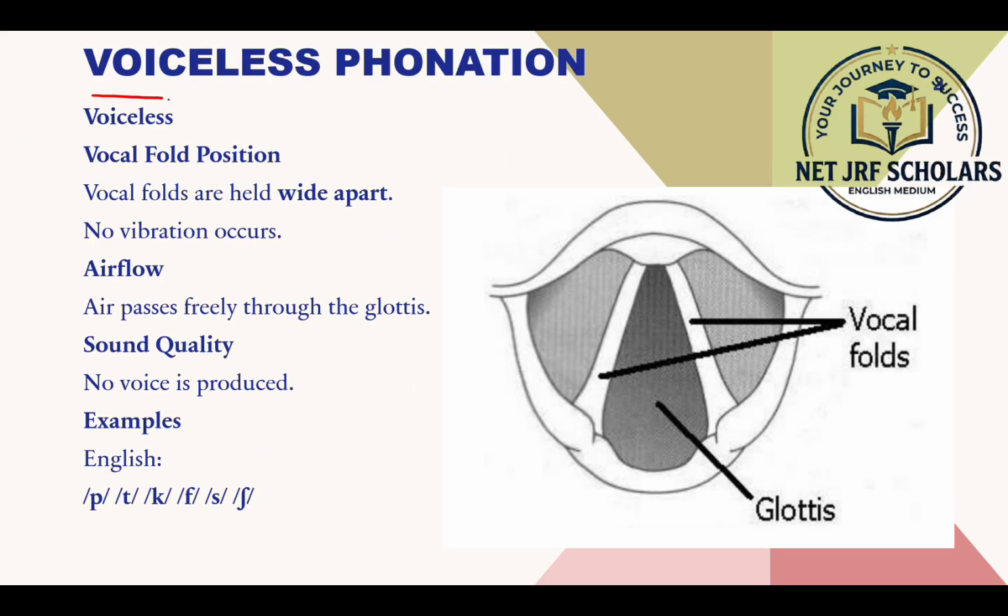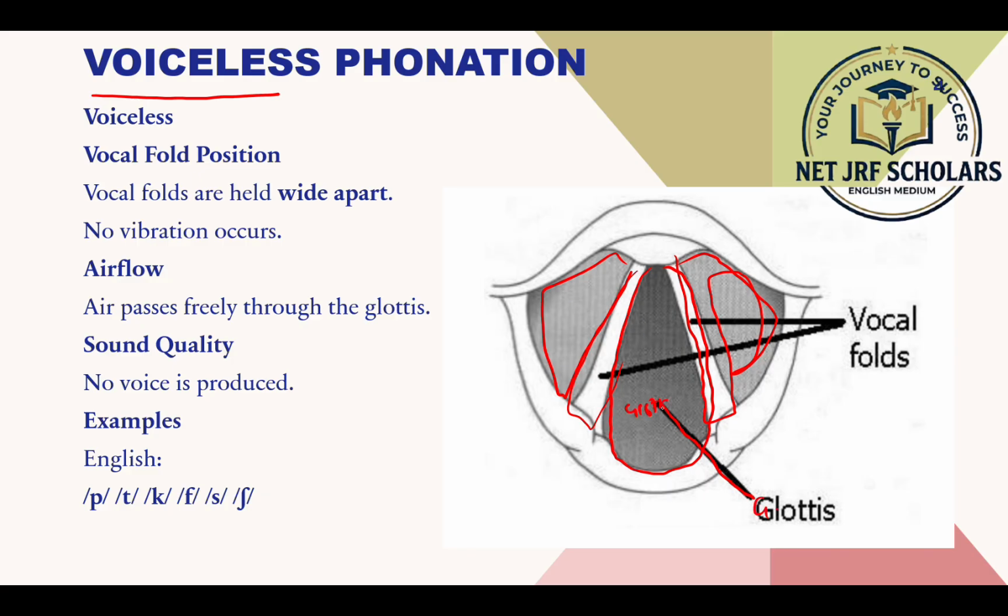First we'll start with the voiceless phonation. As you can clearly see, these are the vocal folds, and they are wide apart. There is a gap, and this gap is referred to as the glottis.